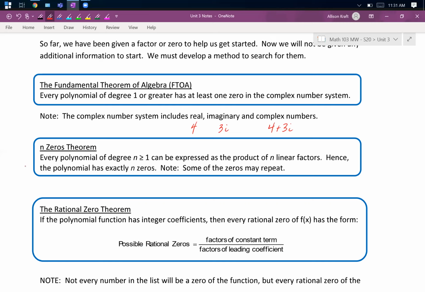The fundamental theorem of algebra, we're just going to take for granted. We just know we're going to get an answer. That means there's always a solution here. The n zeros theorem is good to know because whatever the degree of our polynomial is, that's how many answers we're going to get, or that's how many linear factors we're going to get.